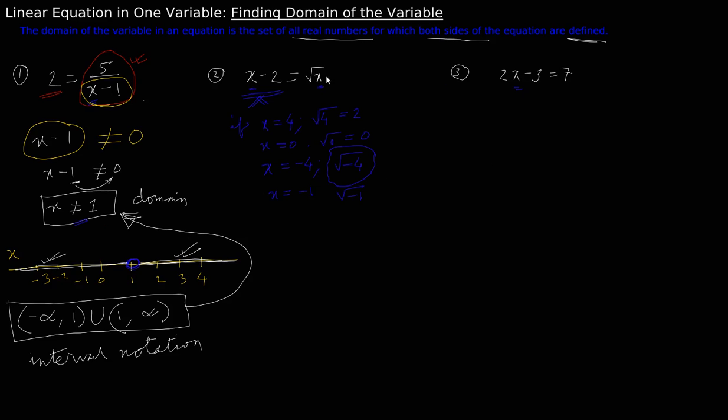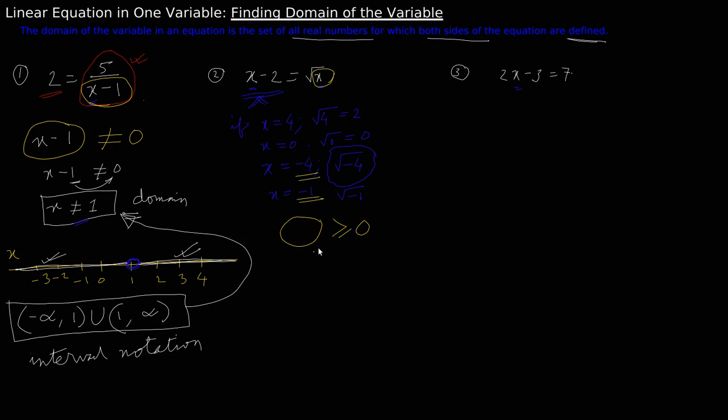So what is the bottom line? Whenever I have a square root, whatever is inside, underneath the square root, inside the yellow circle, must be what? Greater than or equal to 0. It cannot be less than 0. Less than 0 means any negative number is not going to work.